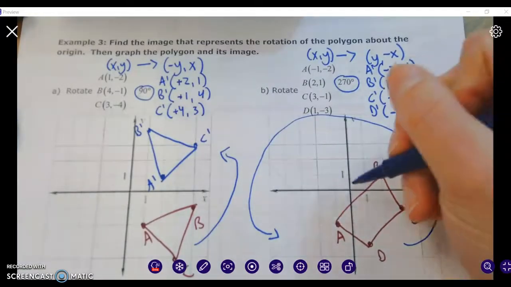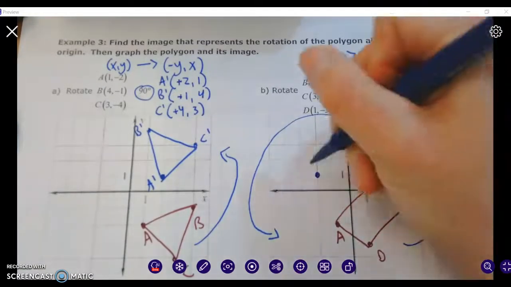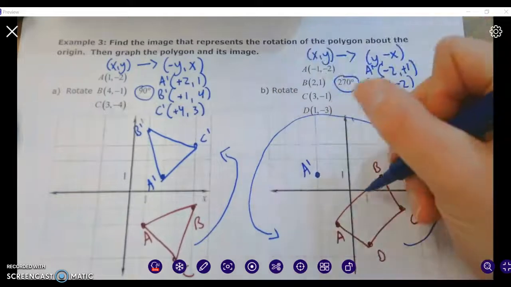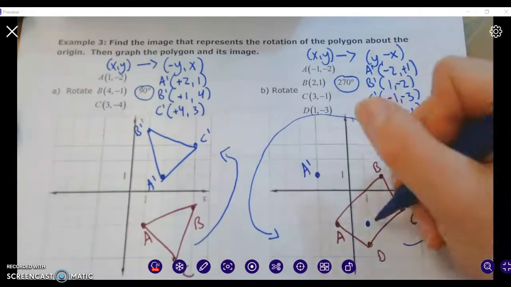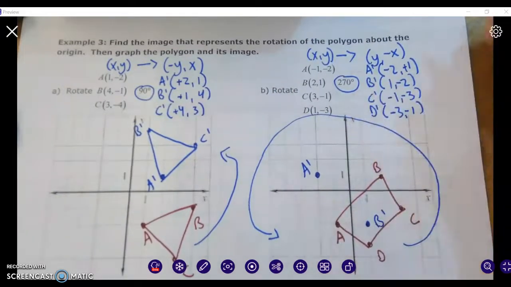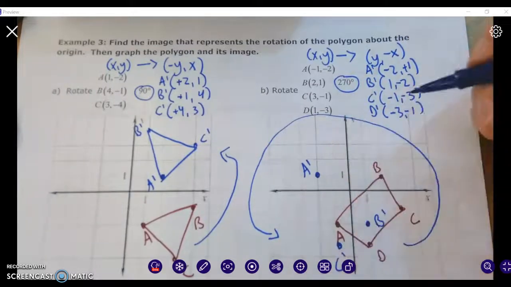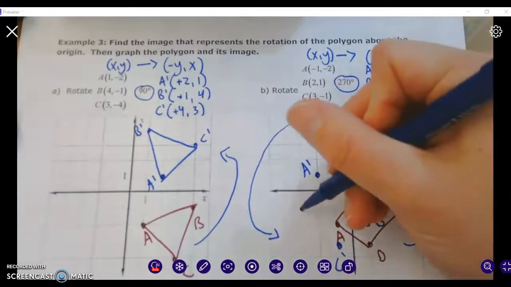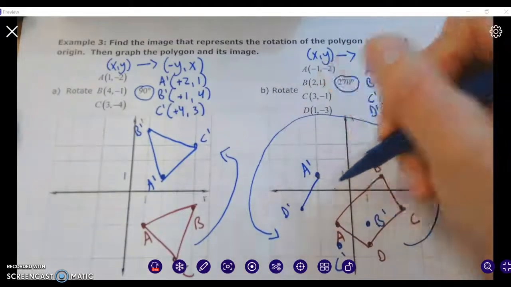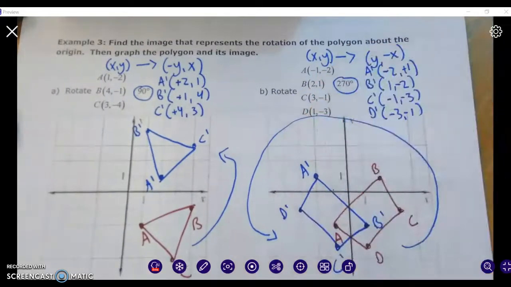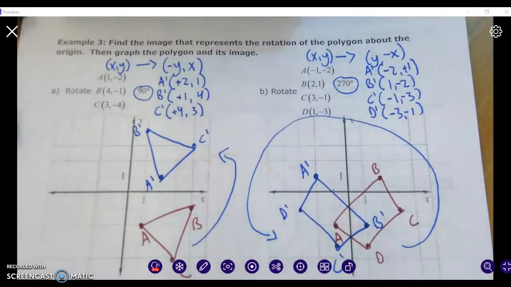Okay, and then we're going to plot those points. It is okay if the figures overlap each other. Sometimes that happens. It just depends on how your shape ends up. And that is how you rotate figures.